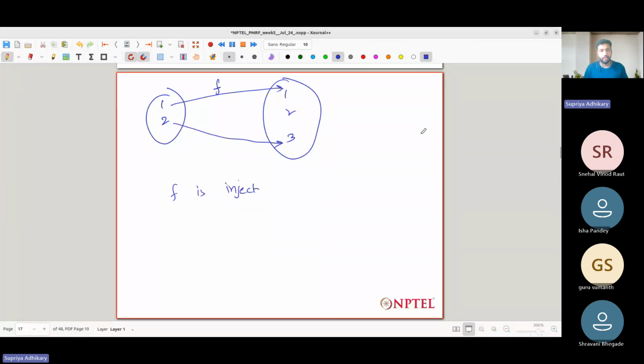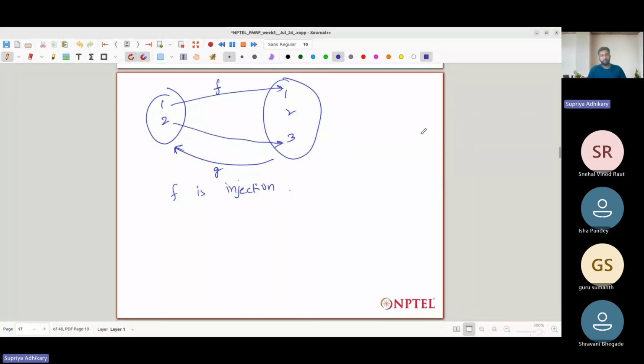But can we find an inverse function? So this is an injection. But can we find an inverse function defined from this B to A, namely G? Still, we cannot find such a function. Why?